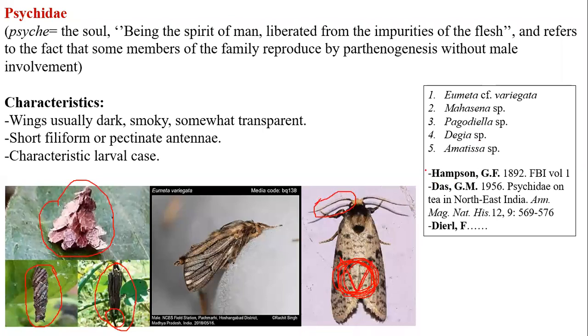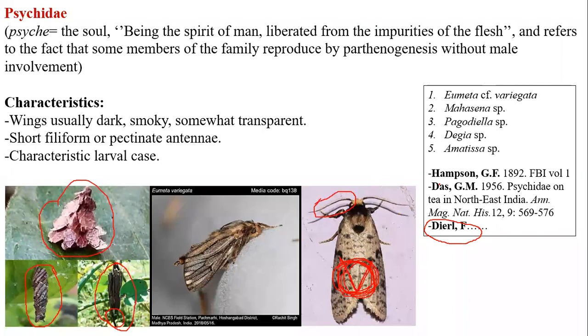Now, I think that if we follow these 3 literature sources, which are the Fauna of British India Volume 1, another one published by G.M. Das back in 1956 on Psychidae of Northeast India, and most importantly the works of Mr. Dyer, who is an expert on this family, and he has numerous publications pertaining to this family on ResearchGate and other sites.